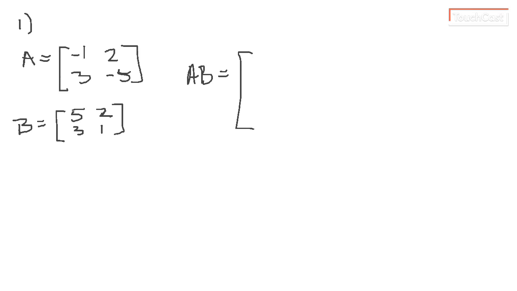So A times B is going to be -1 times 5. And I need to correct myself. It's actually taking the first row times the first column.